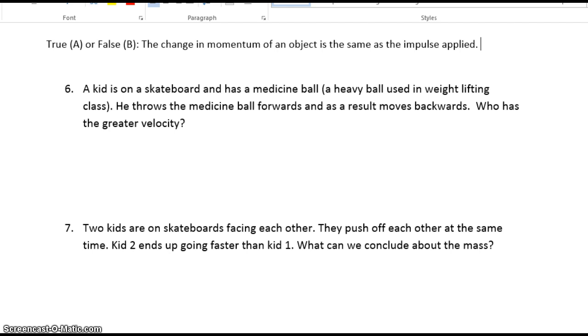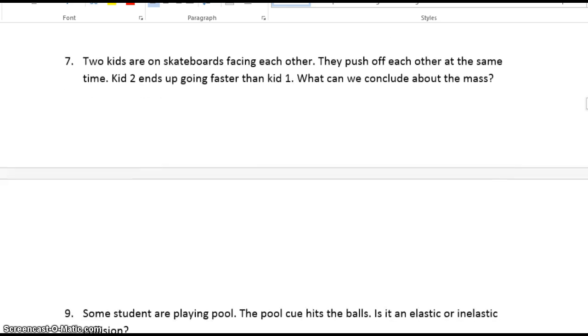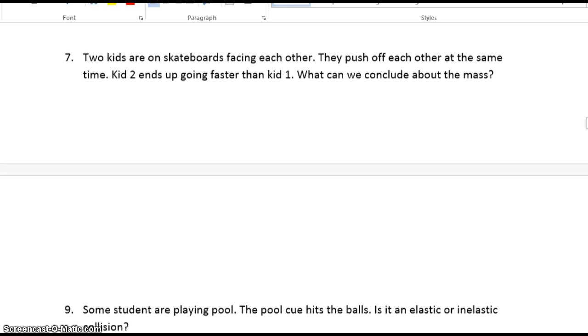As equal and opposite forces take place, when one kid goes that way, the other kid is going to go the other way. And since it's equal and opposite, if one kid has greater mass, he's going to have a smaller velocity, while the other kid who has a lighter mass is going to have a greater velocity.